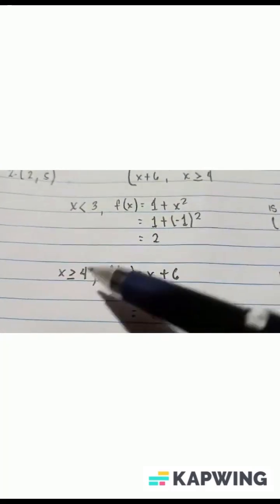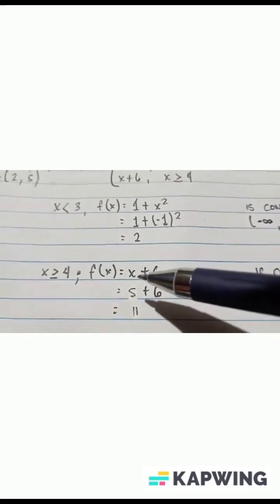In number 4, we use x greater than or equal to 4. Then for f of x, we use x plus 6. So, x plus 6, substitute the 5 for x.